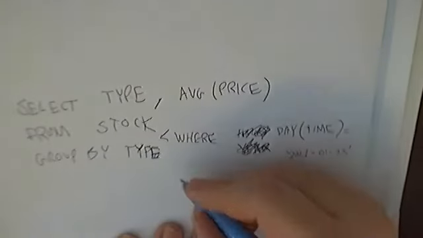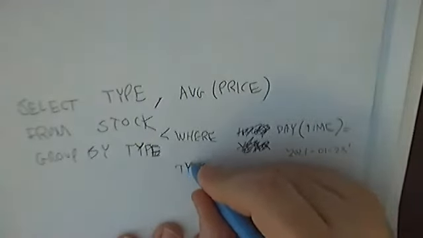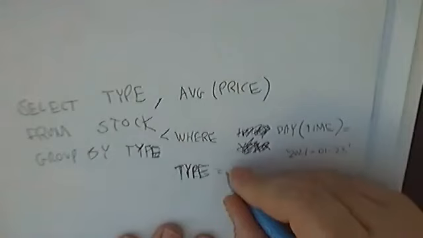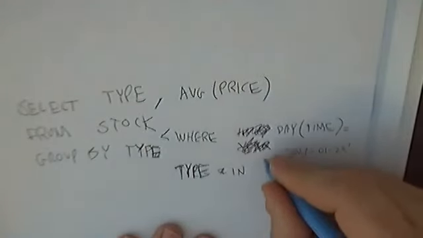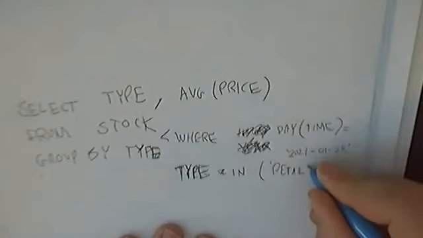All right. Now if you want to say something like, okay, I also want it where I'm particularly interested in the retail and entertainment stocks, then I would say something like this: where type in retail or entertainment.